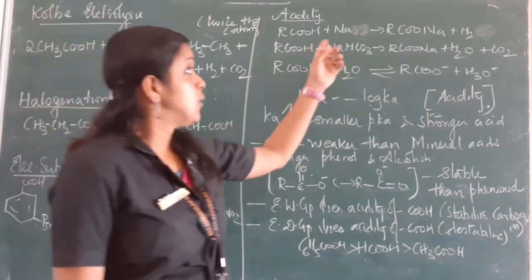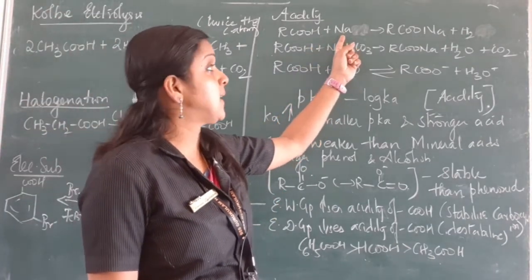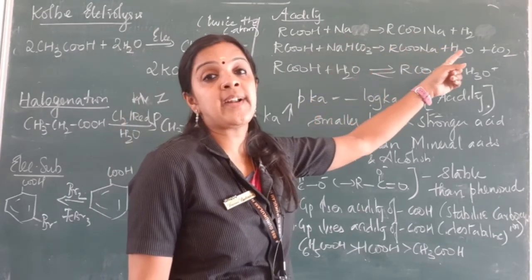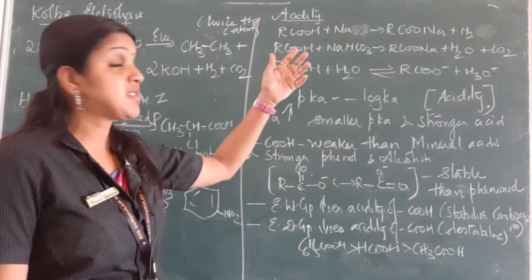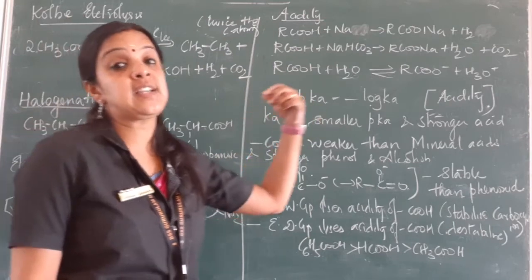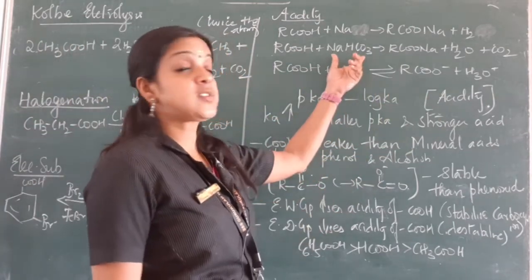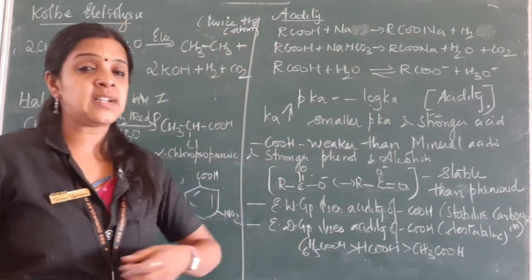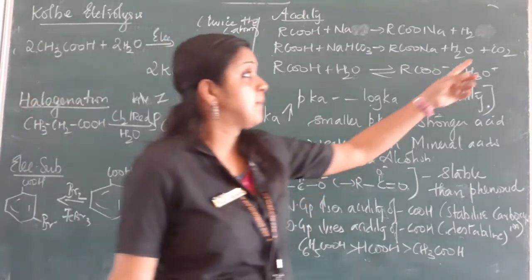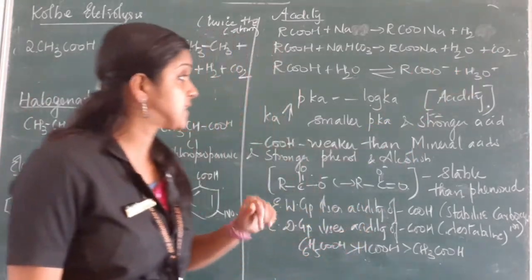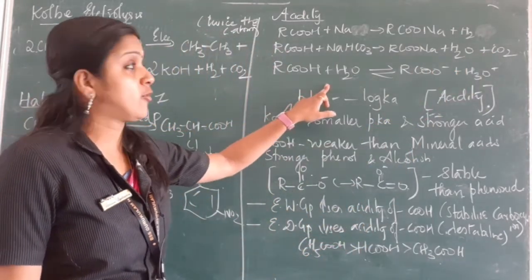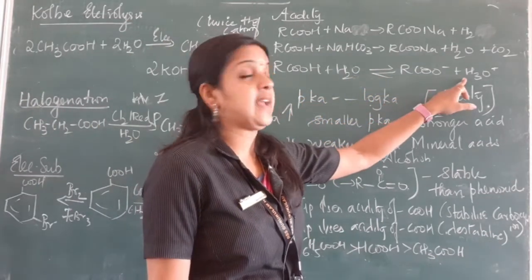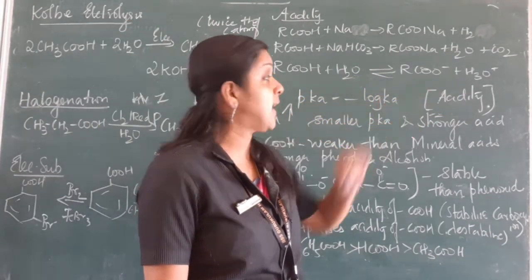What happens when it is treated with an electropositive metal like sodium? It liberates hydrogen gas. When it is treated with sodium hydroxide, it gives out water. When it is treated with sodium bicarbonate, it gives a brisk effervescence by releasing carbon dioxide gas. And when it undergoes ionization, it gives an anion and a cation, which is the hydronium ion.